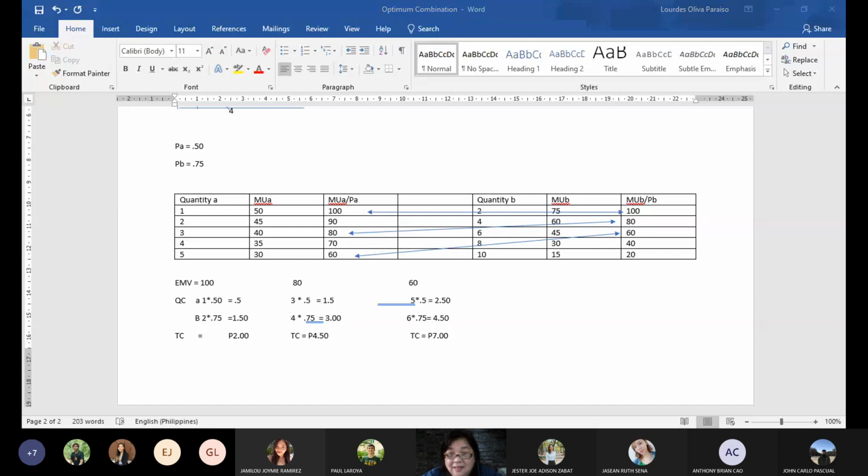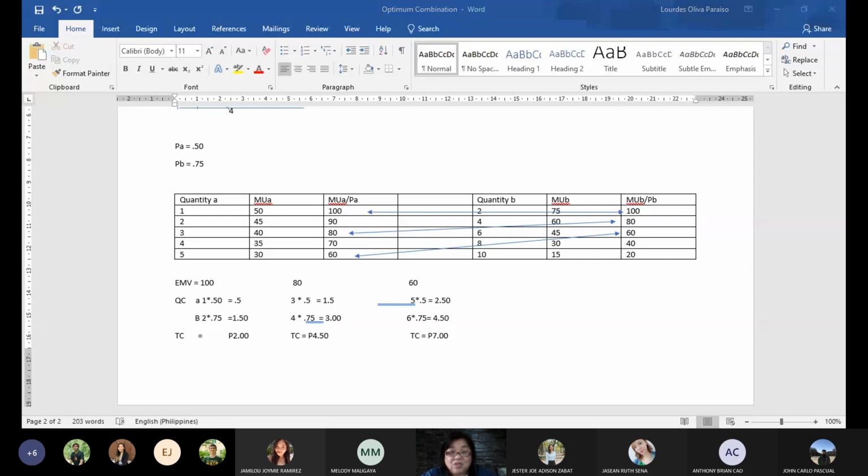Did you get that? Did you get it? Yes po, ma'am. Oh, sa 2 pesos lang, 100 na yung equimarginal value mo. Ibig sabihin, siya na ang maximum doon sa available na tatlong equimarginal value pa.